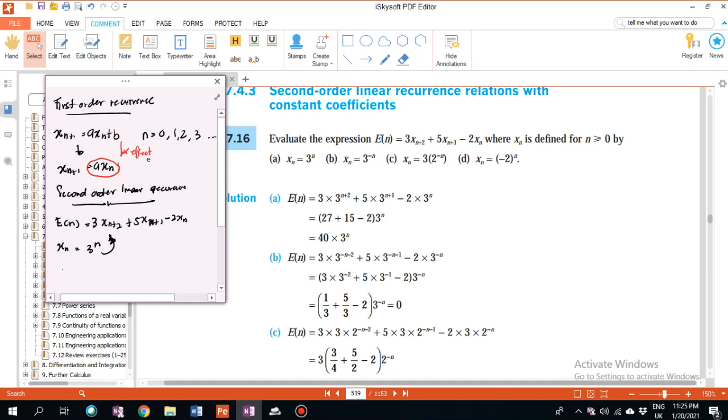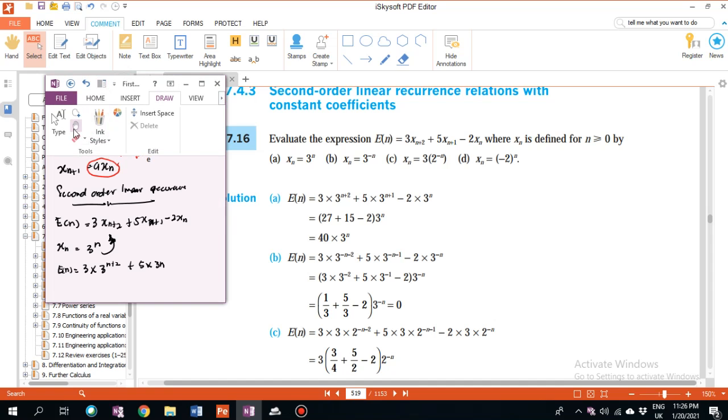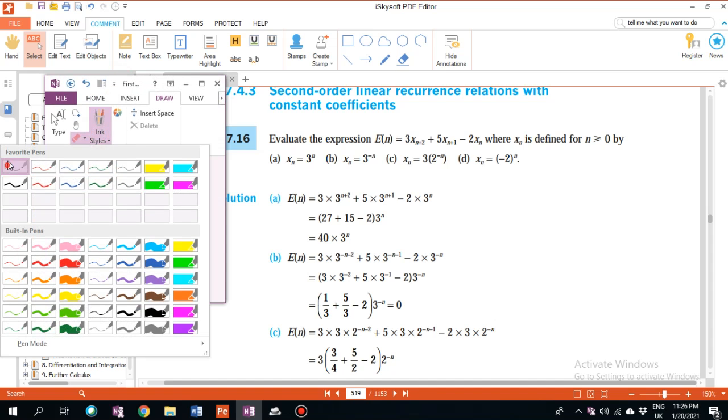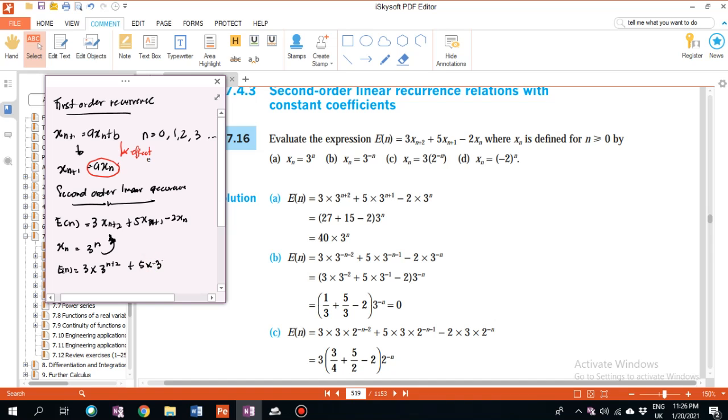You will get c_n equal to 3 times 3^{n+2}, plus the second term, also affected, 5 times 3^{n+1}, minus 2 times 3^n.